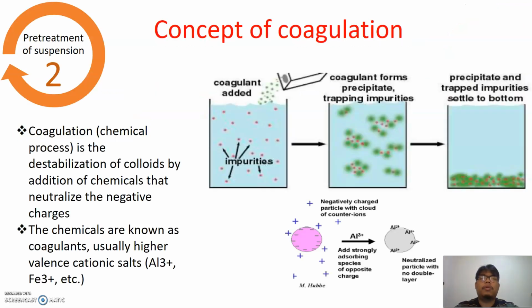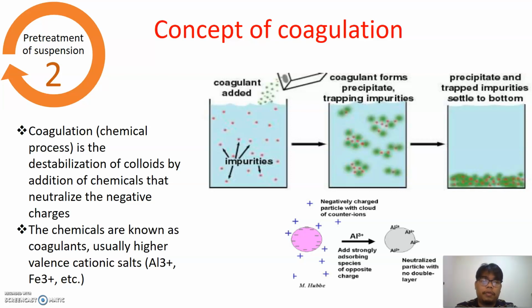So for example, the concept of coagulation. As I said earlier, coagulation is a chemical process because we introduce a chemical. The objective is to destabilize the colloid by addition of chemical that neutralizes the negative charge.